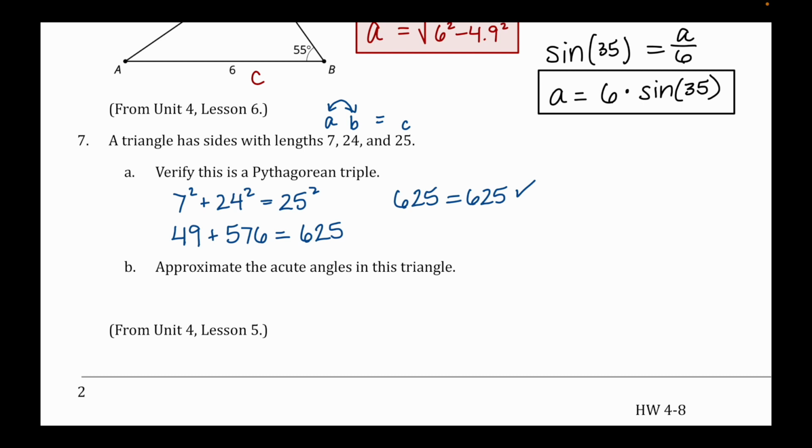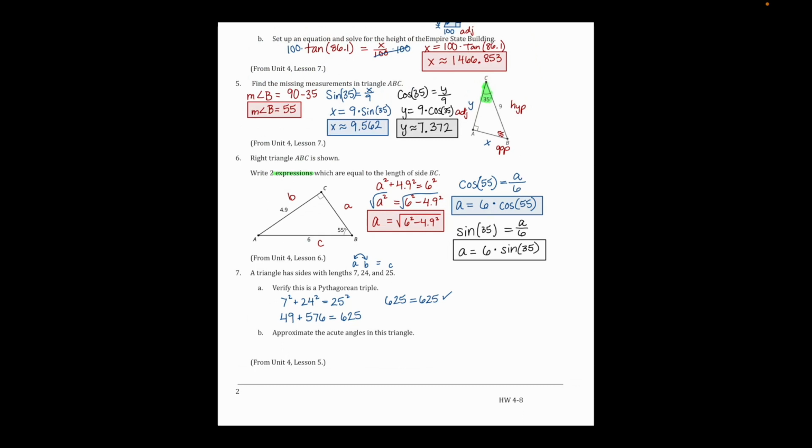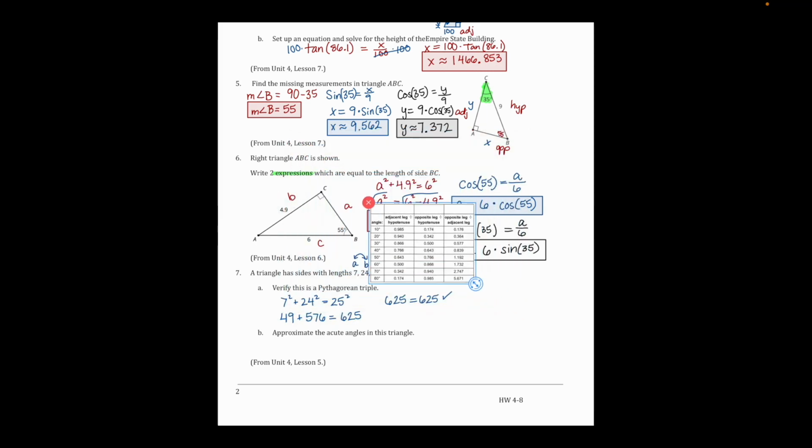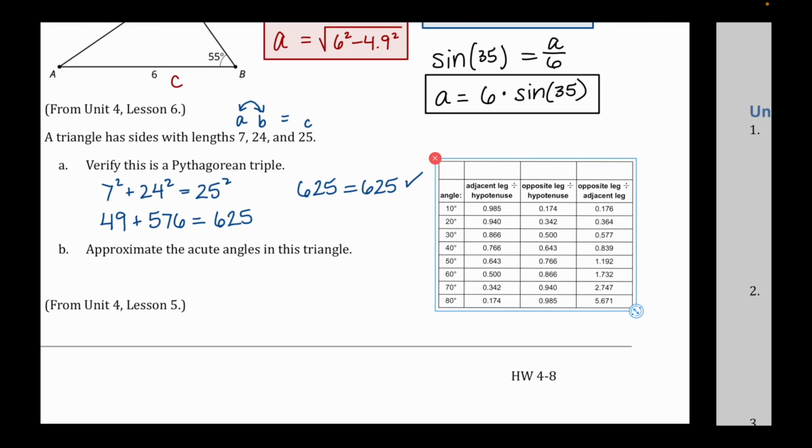So through approximation, we are going to use our table of values. So I'm going to bring up my picture thing here and shrink it down to a decent size so that we can use it.